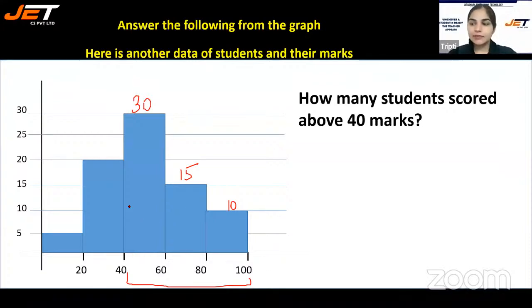Above 40 means 30 plus 15 plus 10. 30 plus 15 is 45 plus 10 is 55, 55 again. Nice.